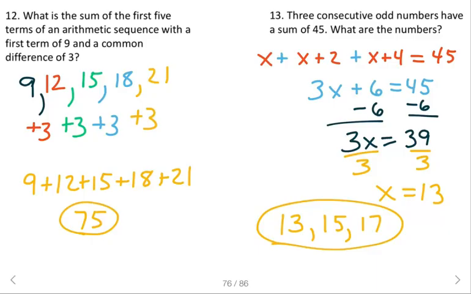Now there are some equations you can use for this stuff. So we could let a sub n be some term in an arithmetic sequence where a sub 1 is the first term and d is your common difference. So let's suppose we have a first term of 7. And let's suppose our common difference is negative 3.